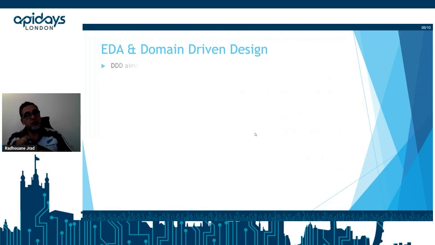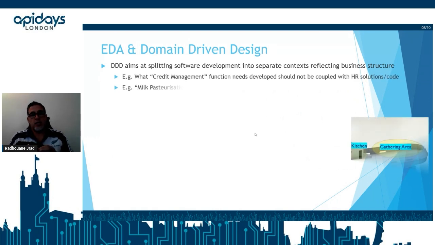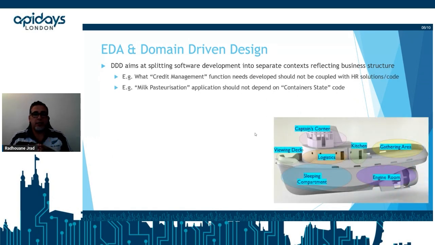So I mentioned domain-driven design. I presented this at API Days last year, and it is quite a neat and interesting concept. In a complex business context, DDD is almost compulsory if you want to have control of your software development and lifecycle management.